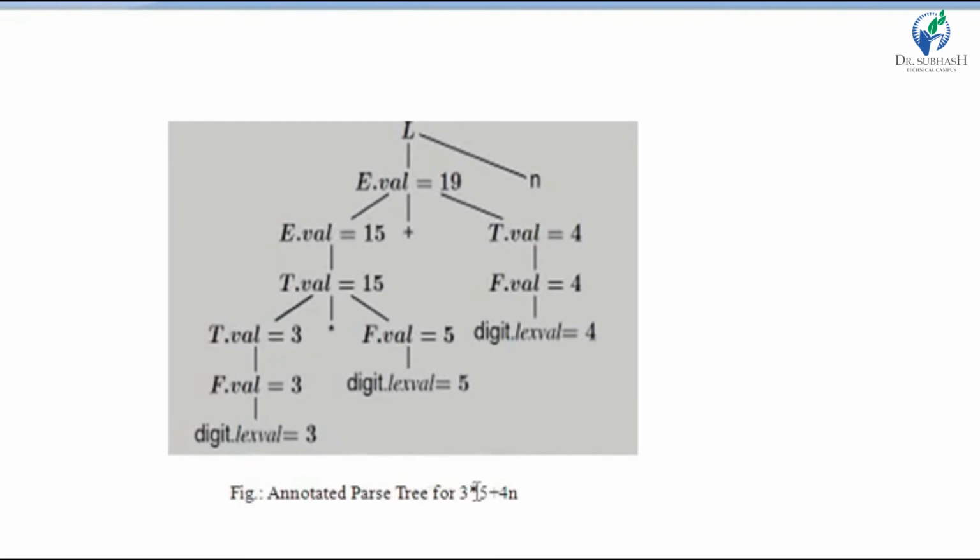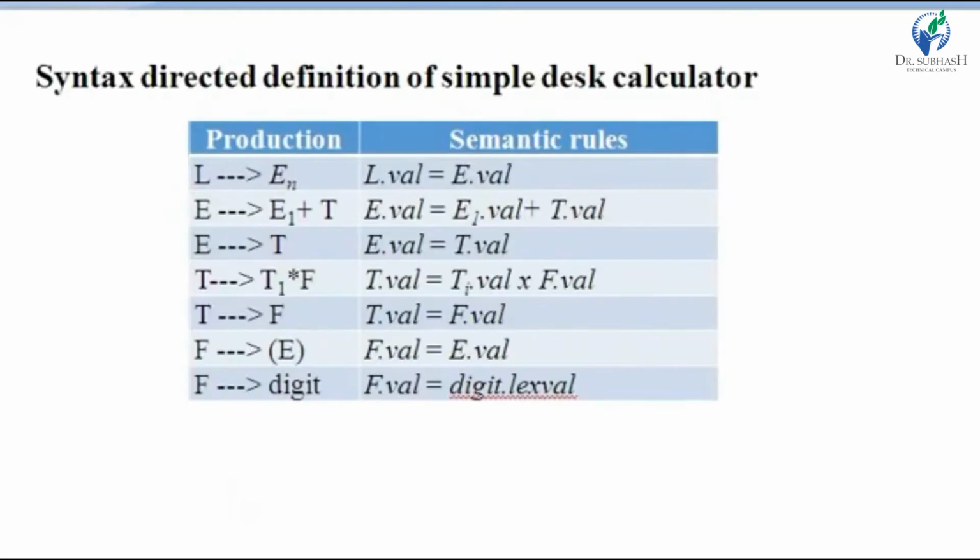Next is the input symbol star, then 5. So digit.lexval is equal to 5. F gives digit, so F.value is equal to 5. Here we have T.value into F.value. Do we have such a production?